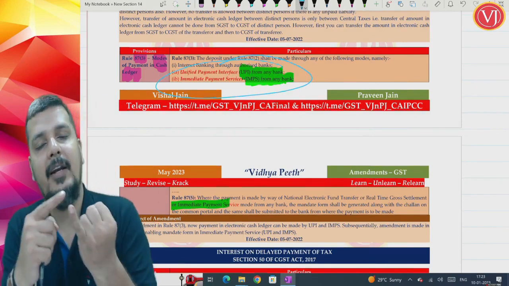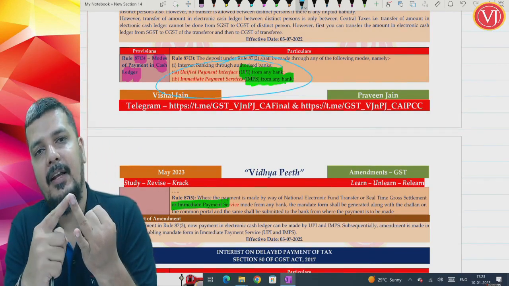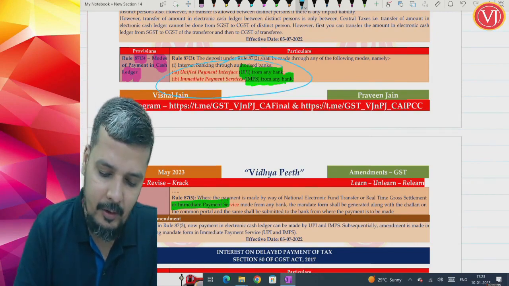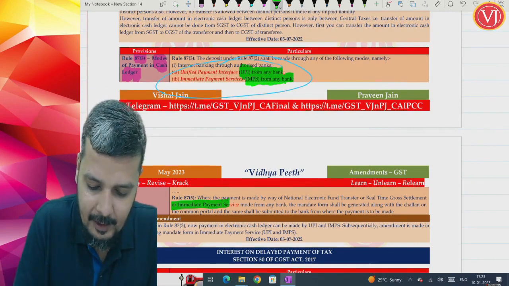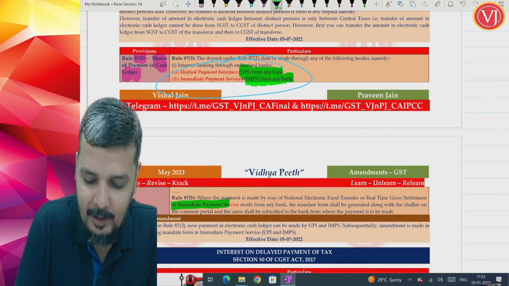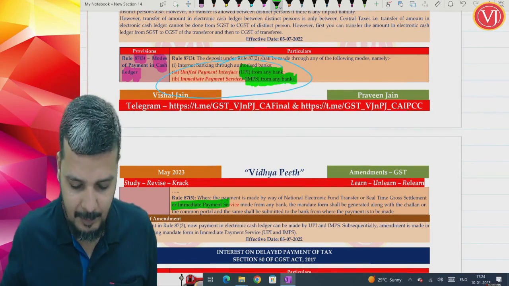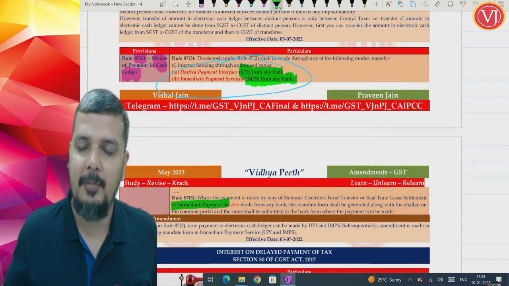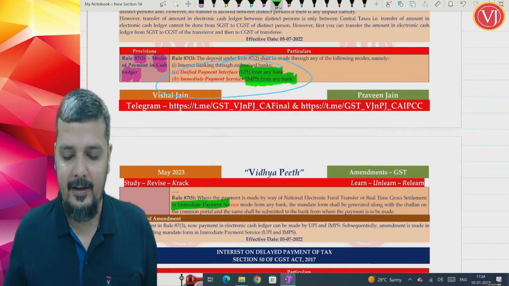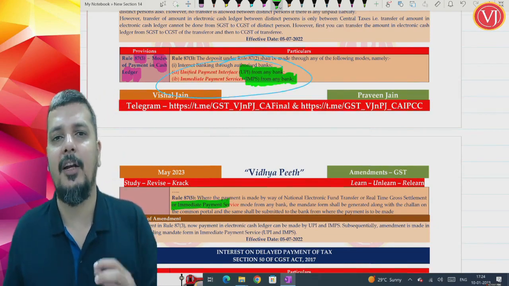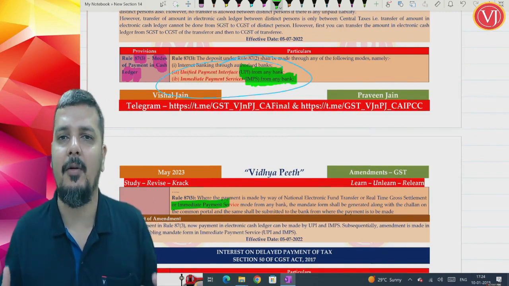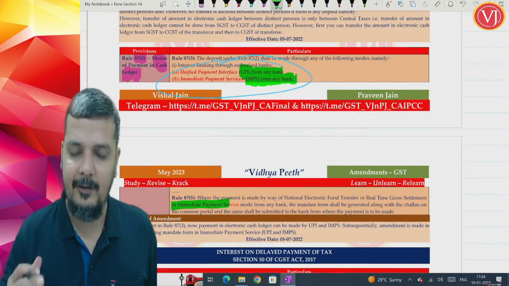So basically, they have added to the online payment modes. Online payment modes were internet banking, debit card, credit card. Now UPI payments and IMPS are added to your online payment mode. When these modes are used, it is without any limit. It can be 10,000, 1 lakh, 10 lakh, 1 crore, 10 crore, 100 crore, irrespective of the amount.